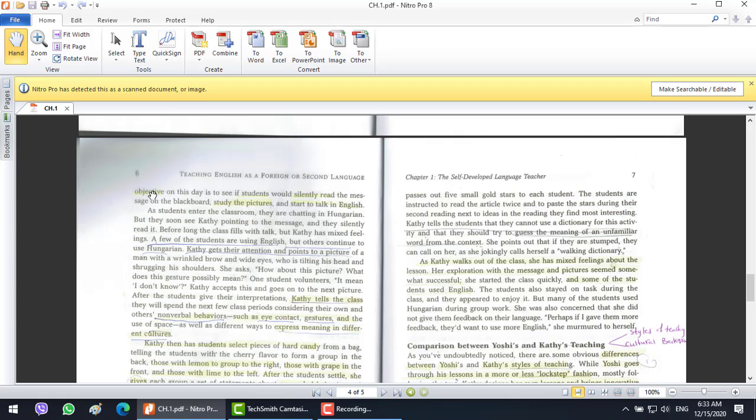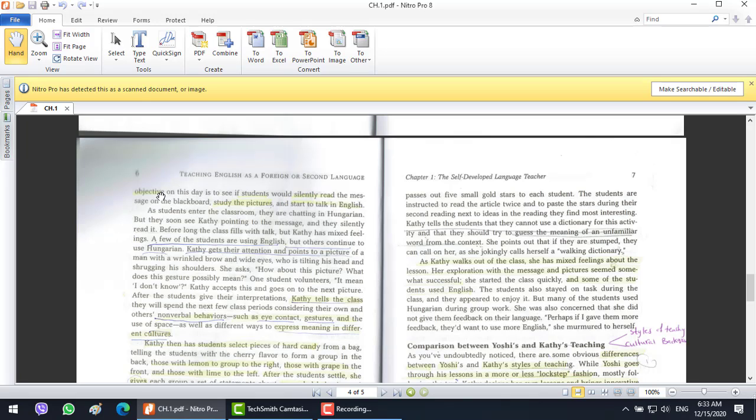Cathy's objective on this day is to see if the students will silently read the message on the blackboard, study the pictures, and start to talk in English. This is the main aim in her class.